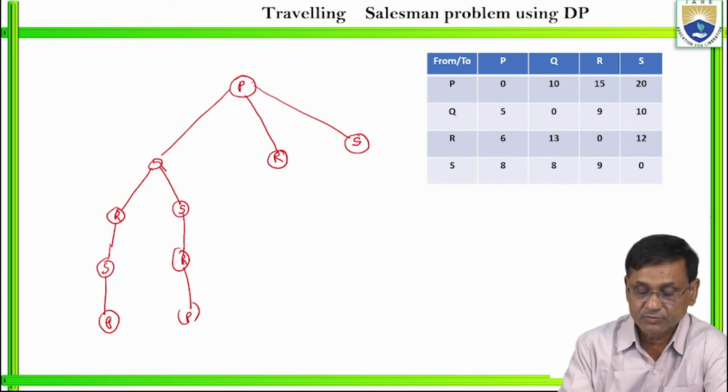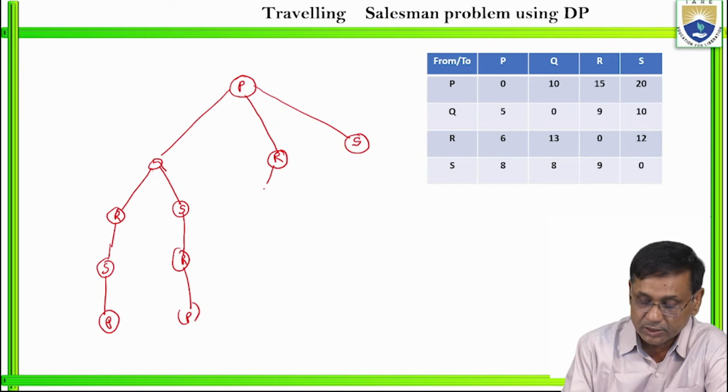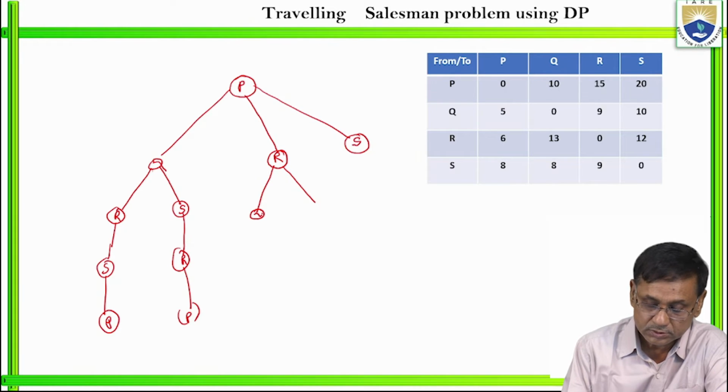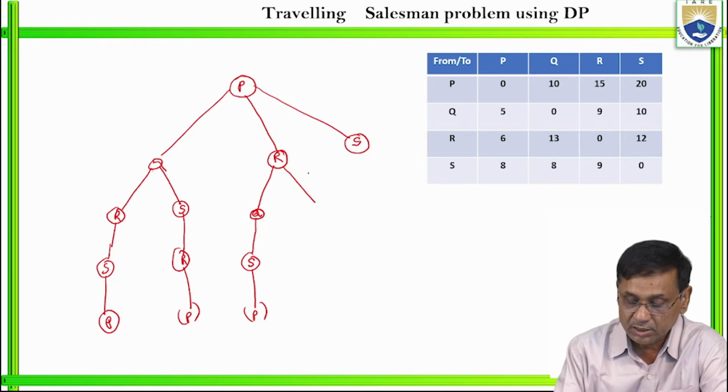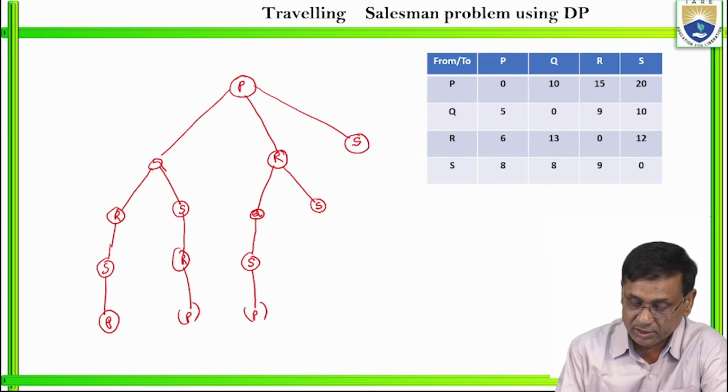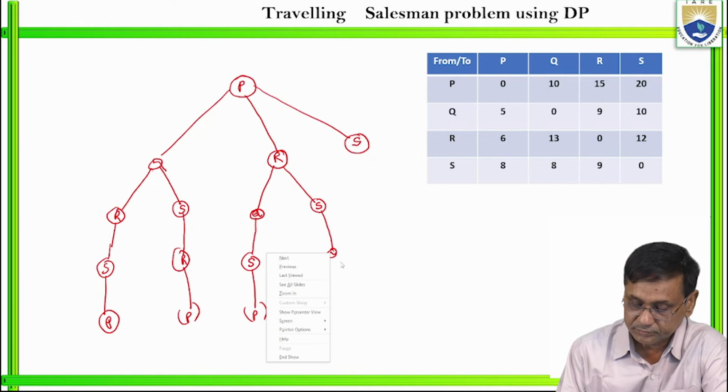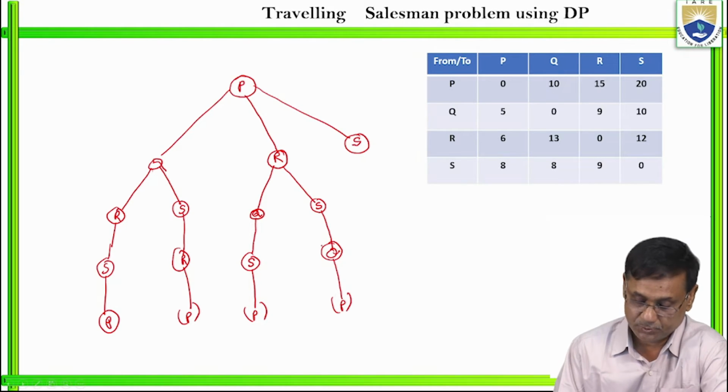Suppose he goes from P to R, then we can write R to Q, Q to S, S to P, or R to S, S to Q, and then Q to P. This is another path.